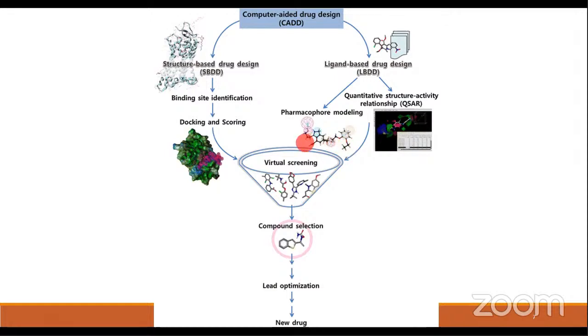Maybe they are all sharing the same aromatic rings, or electrostatic groups, or hydrophobic groups, or some kind of rings. Based upon that, we'll be identifying some features along with the distances between those features. Then using that pharmacophore model, we can search against various databases.